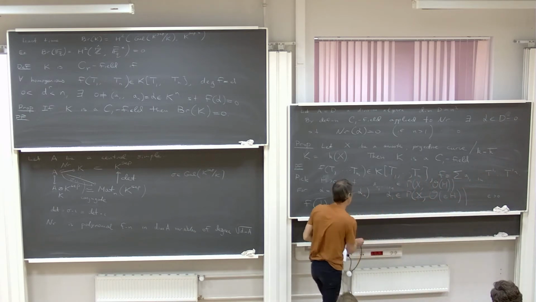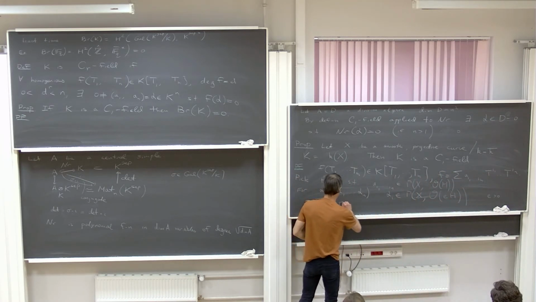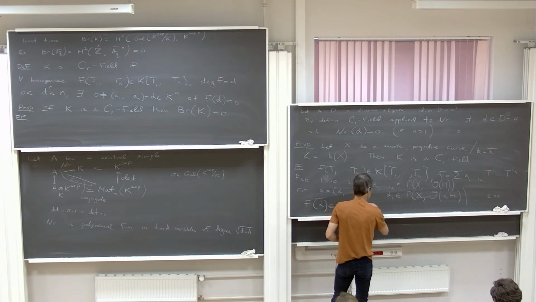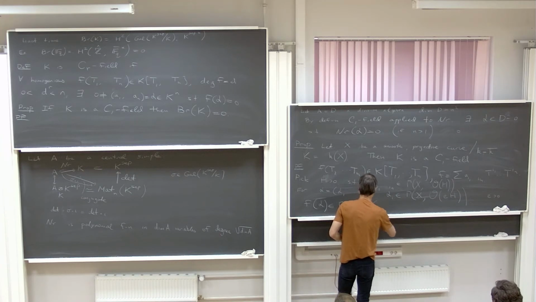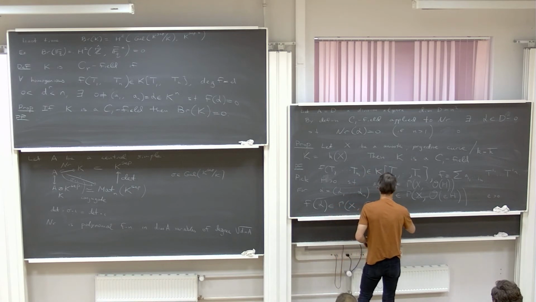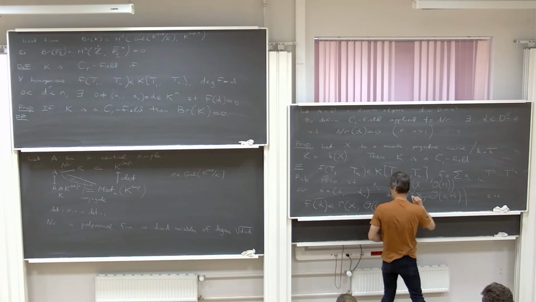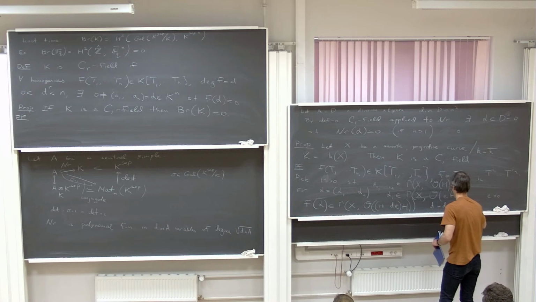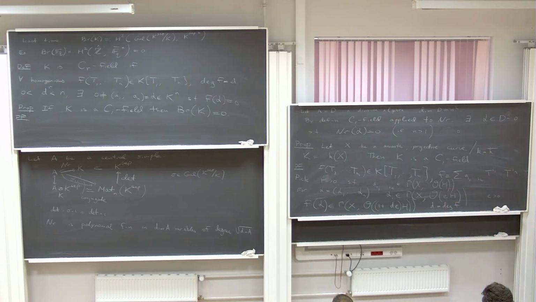Moreover, I can bound the order of these poles. These are in Gamma of X, O of d times (e plus 1) times H, where d is the degree of my polynomial.